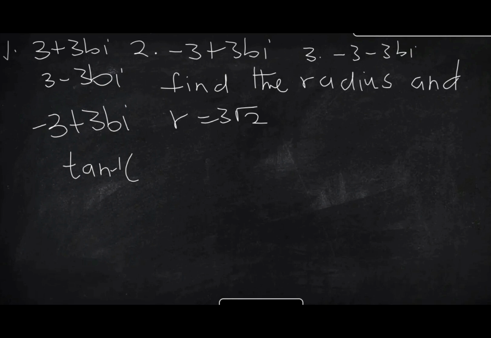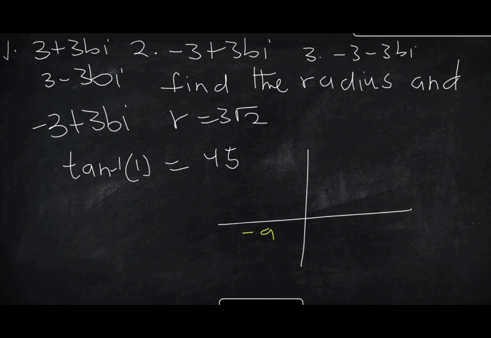So tan inverse of 1 is still 45. Let's see where it lies on our Argand diagram. On the Argand diagram, the real part is negative and the imaginary part is positive. So that means it will lie in the second quadrant.